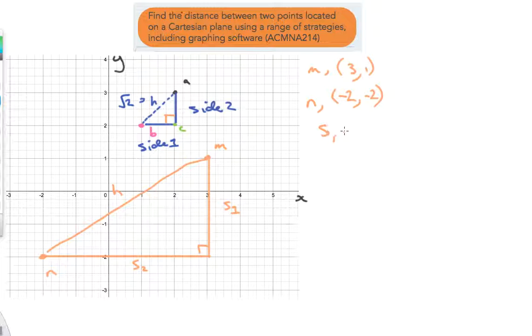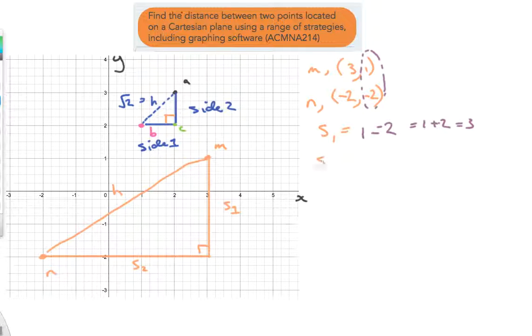Side 1 equals the difference in the y's, and the difference in the y's here is just these two numbers. So that's 1 minus negative 2 equals, well, 1 minus negative 2 is the same as 1 plus 2 equals 3.